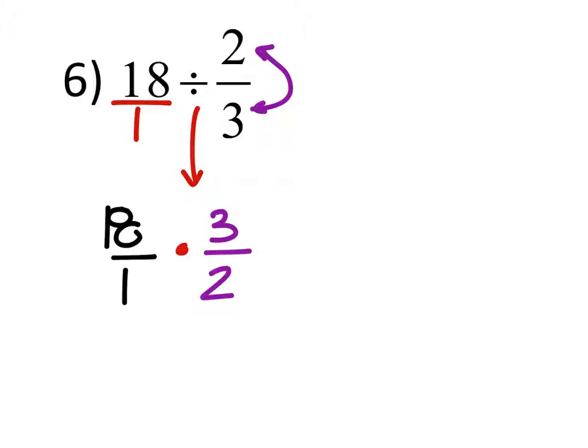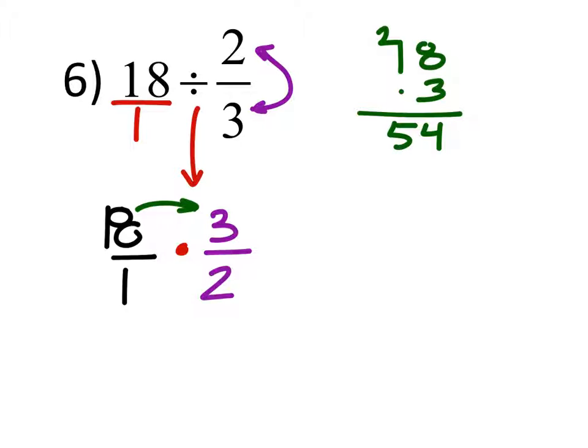Let's just multiply them out then. 18 times 3: 3 times 8 is 24, carry the 2, and 3 times 1 is 3, plus 2 is 5. So I got 54 divided by 1 times 2 is 2.